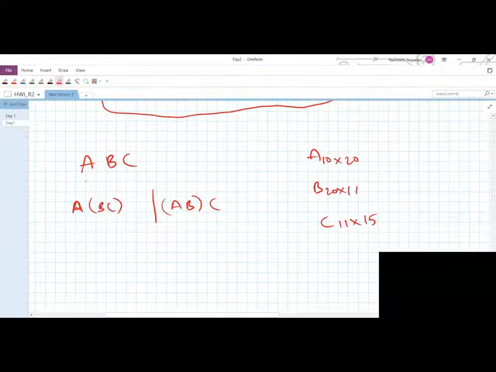Here, as matrix A is a single one, we will not be having any multiplication, so no operations will be needed for this particular one. For matrix B and C, we will calculate how many operations are needed.